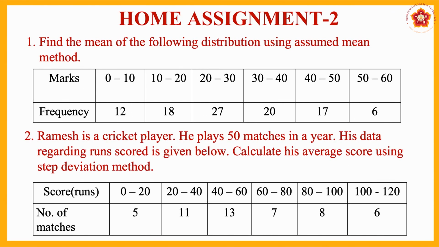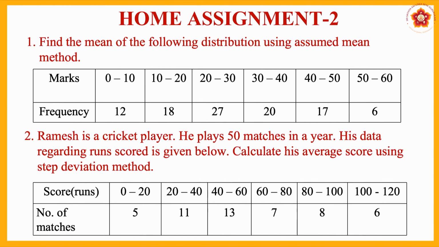Today we have discussed how to find the mean by the assumed mean method and step deviation method. Now I am giving the assignment to practice at home. There are 2 problems on the screen.